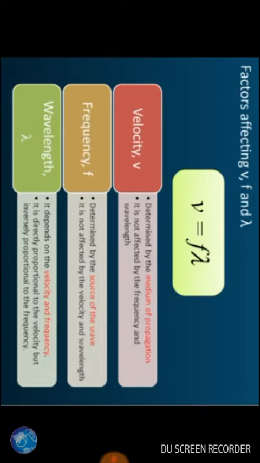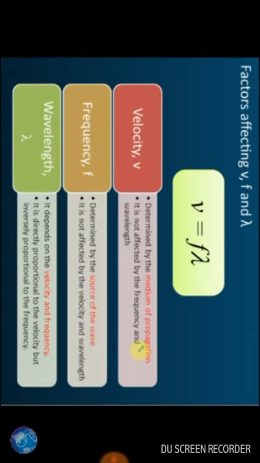The second thing that you need to know is the velocity. The velocity of a wave is determined by the medium of propagation. For example, for a sound wave, the medium can be solid, liquid or gas.